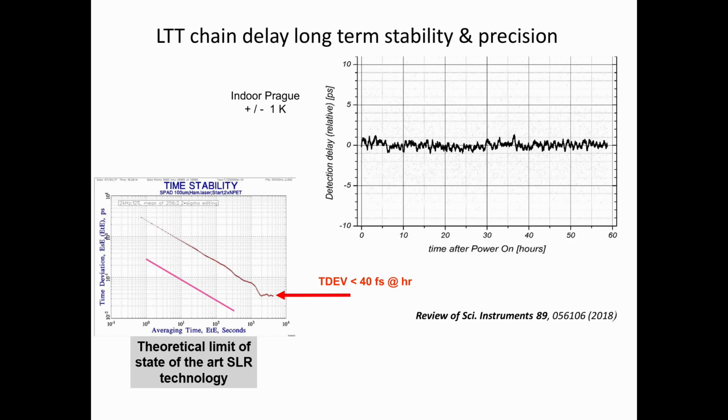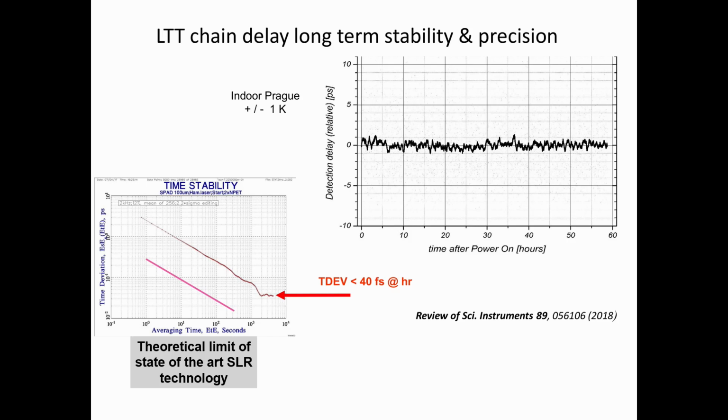When we perform some statistical evaluation, we can trust these data down to 40 femtoseconds for averaging times up to hours, which would actually enable time comparison of, for instance, optical clocks at the level of 10 to the minus 16, which is very good.